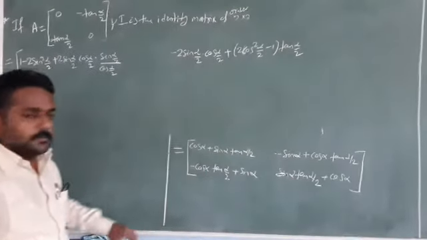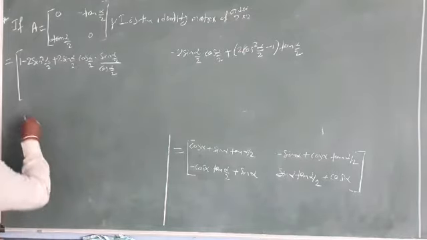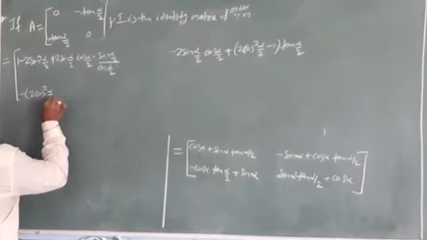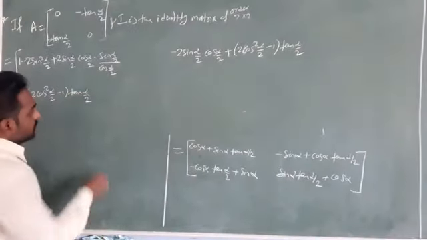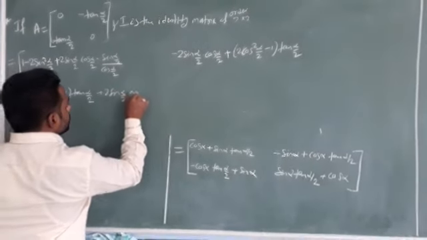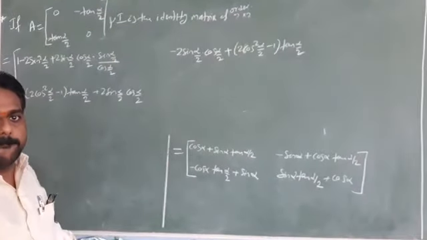Again here minus cos alpha is there, so write in terms of cos: minus into bracket 2 cos square alpha by 2 minus 1 into tan alpha by 2 plus 2 sin alpha by 2 into cos alpha by 2.